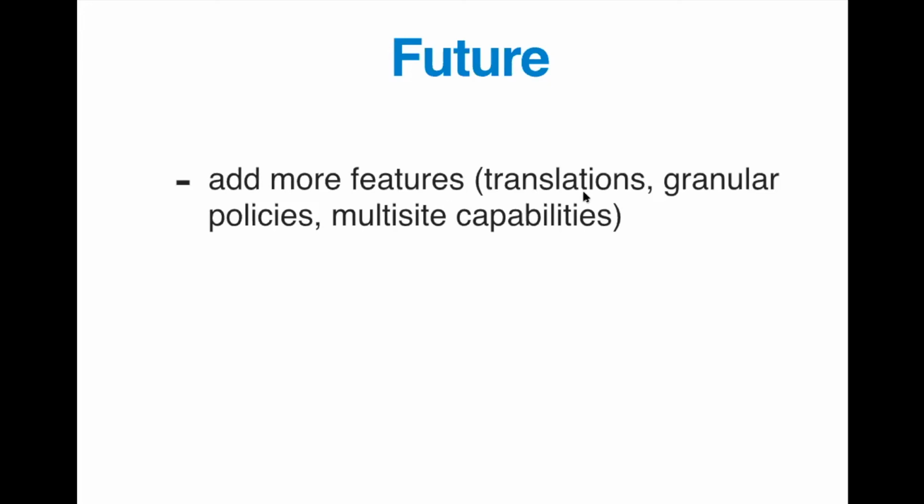This will be translatable, and most of our projects are multilingual, so this is quite urgent and needed. I already mentioned granular policies. What is also interesting is multi-site capabilities. This is something we will tackle, maybe not in the 0.9 version, but definitely soon after that.